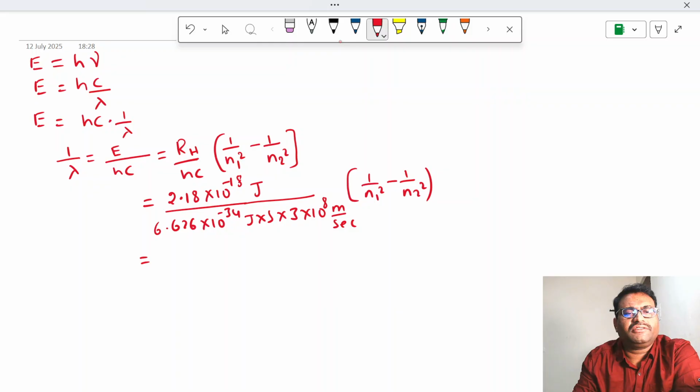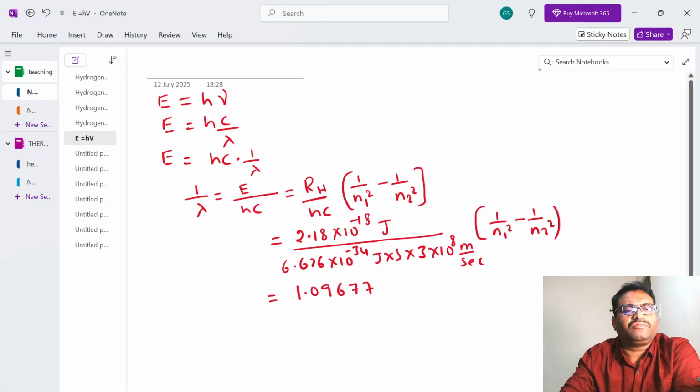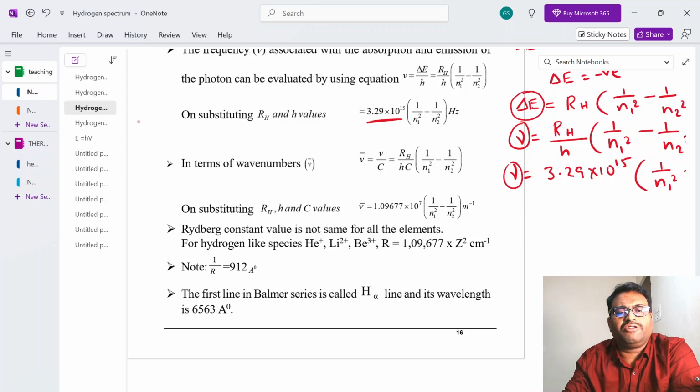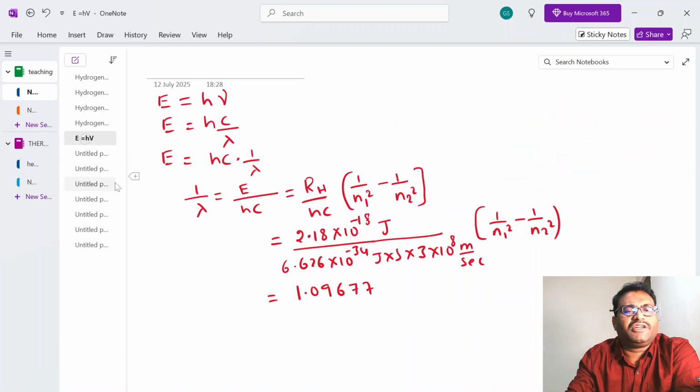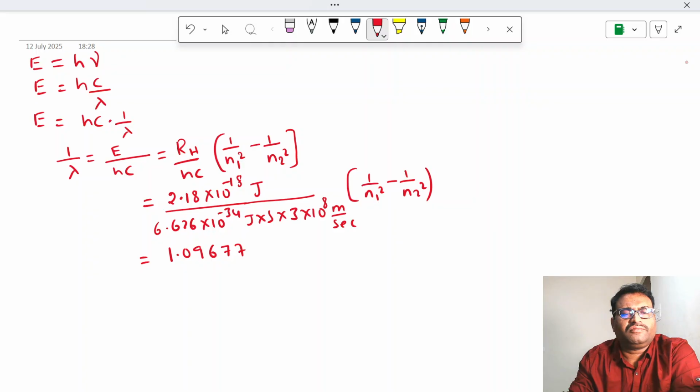On calculating this, what do you get? 1.09677 into 10 power 5 per centimeter into 1 by N1 square minus 1 by N2 square.